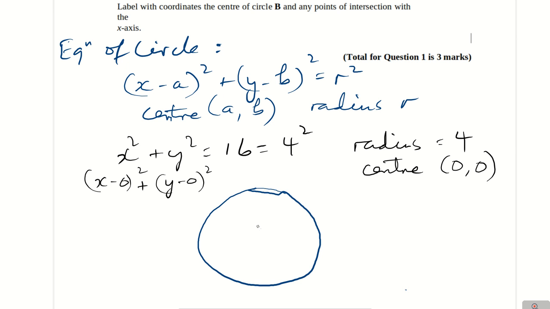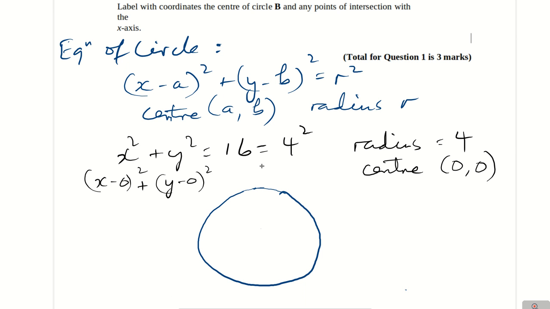So not great, but it looks a bit like that. Okay, and I'll try and put my axes in.